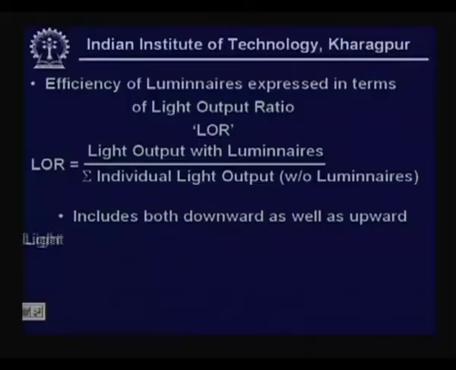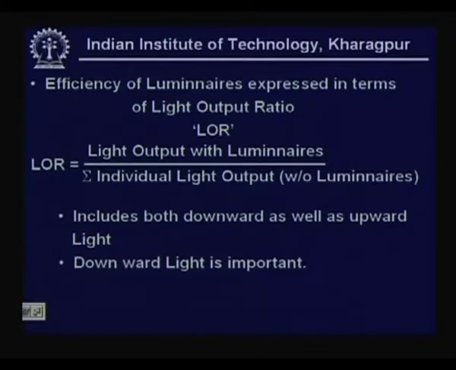This is abbreviated as LOR, and normally it includes both downward as well as upward light, but normally downward light is important, bearing in mind most lamps are mounted either in the recess or suspended from the roof or on the surface of the walls, and we are either sitting at a table and working or on the floor.